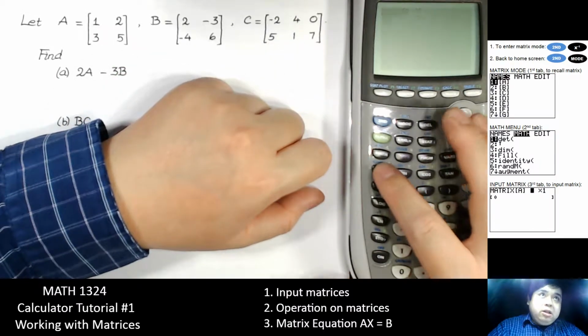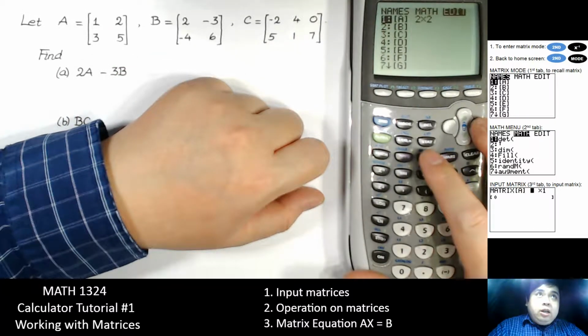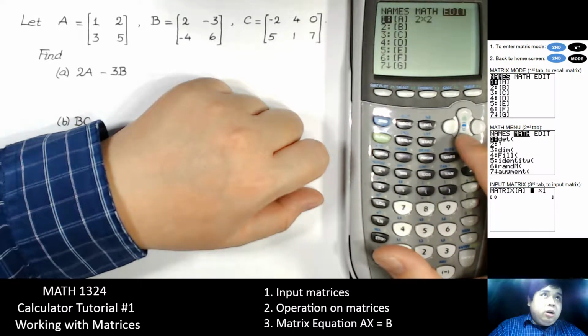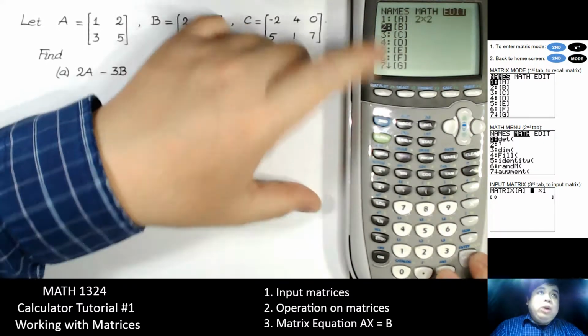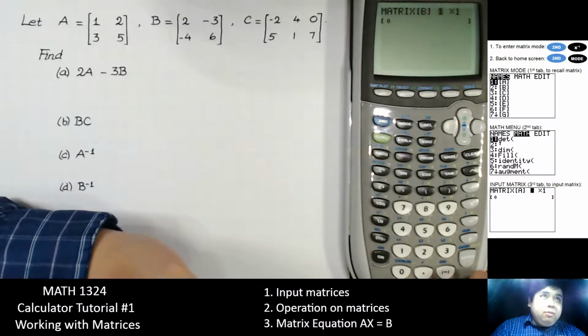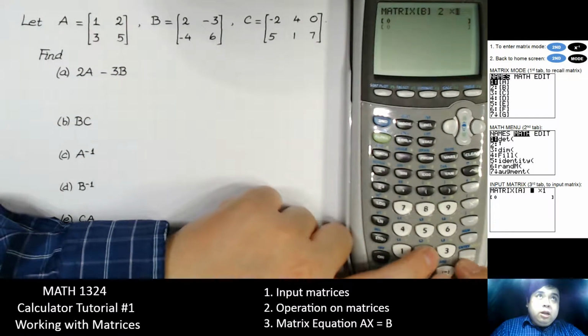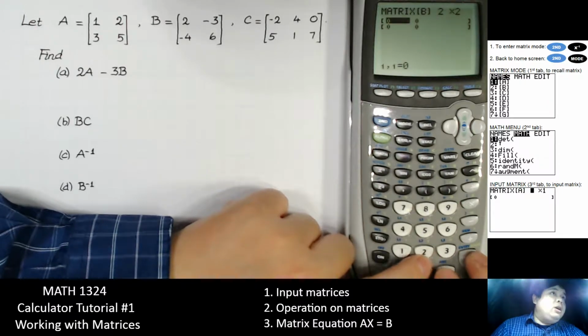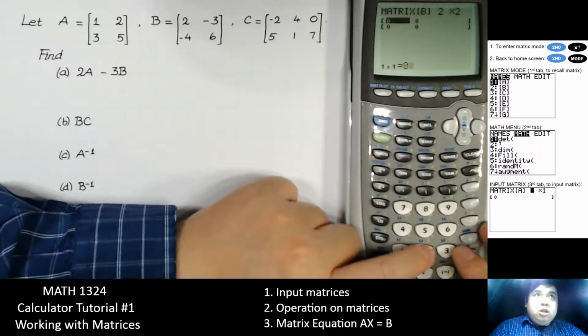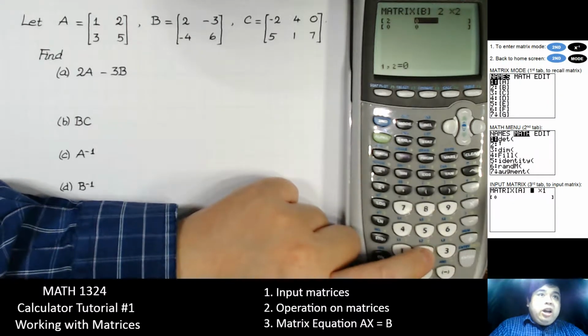Second matrix, go to the last tab, go to matrix B, and now we input matrix B. Also 2 rows and 2 columns, and we enter the numbers 2, -3.